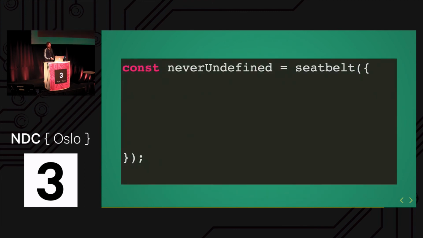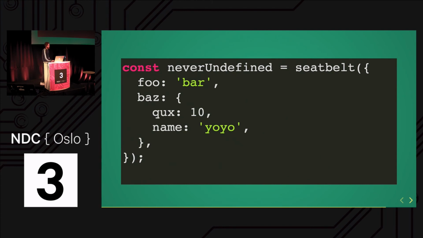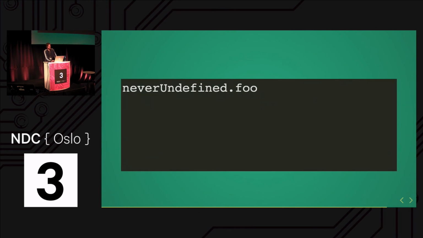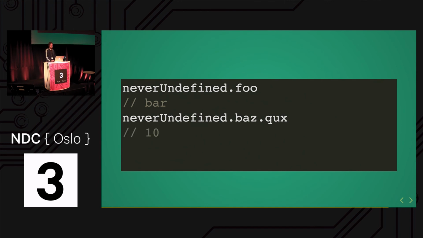And now I can make myself an object here, which I call neverUndefined, which is a result of the seatbelt function where I just pass some simple object here. If I try to access neverUndefined.foo, that has the value bar. If I try to access the nested object here, that has the value 10, and so on. So the object works exactly like it did before for any field that is accessible.